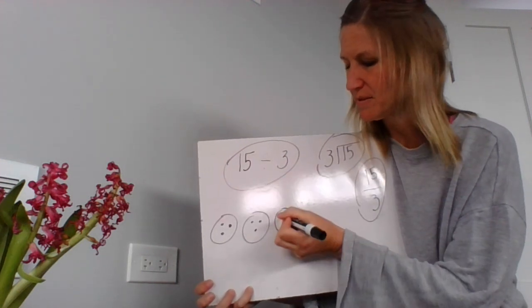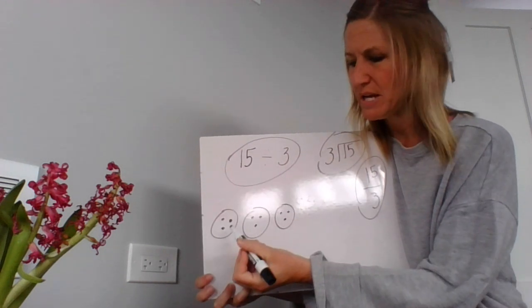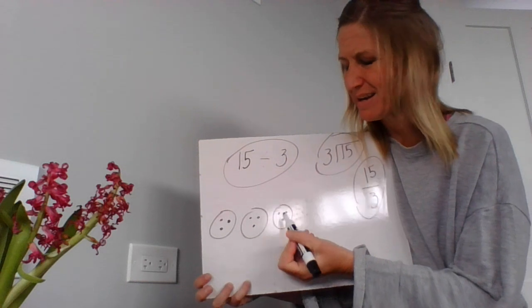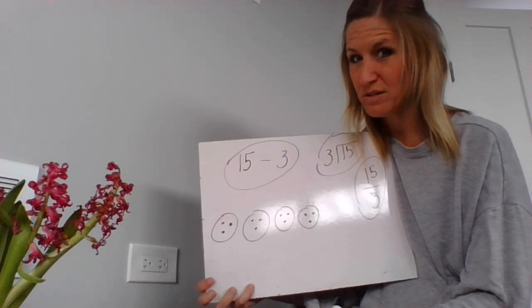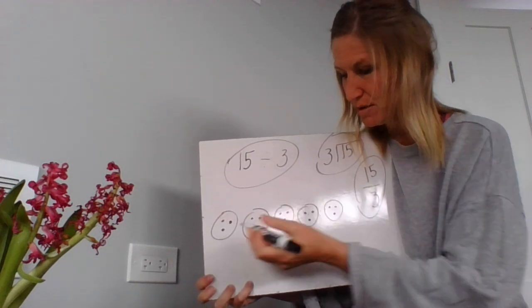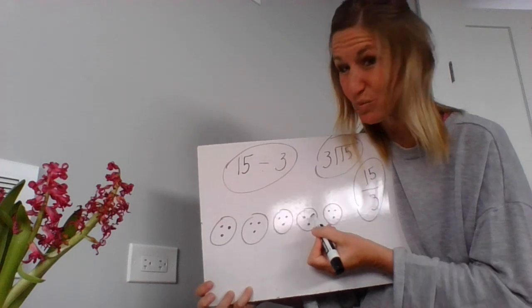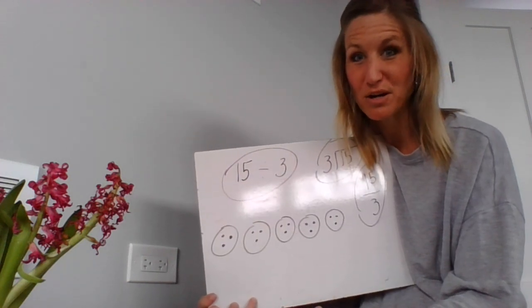No, I'm still going to need some more. 3, 6, 9. Oh, I don't. Do I have enough now? 4 3s. No, that's not enough. 3, 6, 9, 12, 15. I have enough now. I have 15 flowers, right?